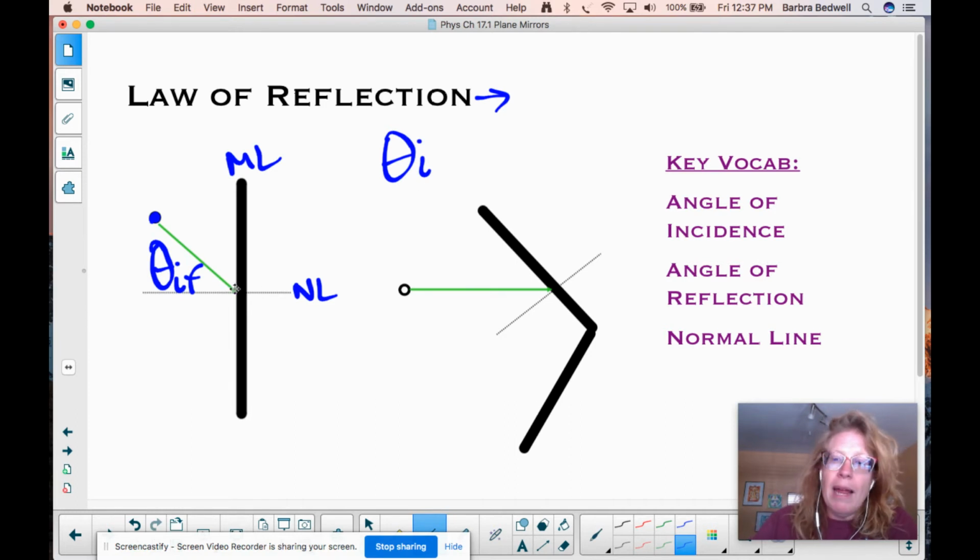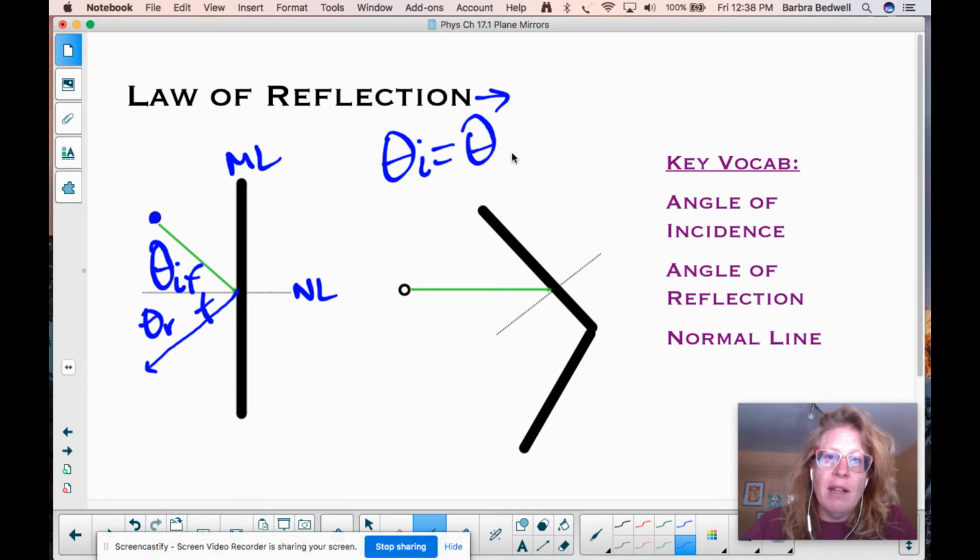So when our ray bounces off of this, I'm drawing it by hand, so pardon me, but if I was doing this for real, I would need a protractor to get real close. I would make sure that the reflected angle is equal to the incident angle. So the two angles to the normal line should be equal and opposite. This is called the law of reflection, that the angle of incidence equals the angle of reflection.